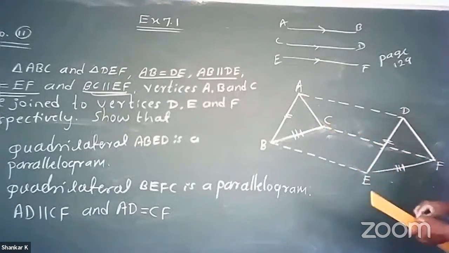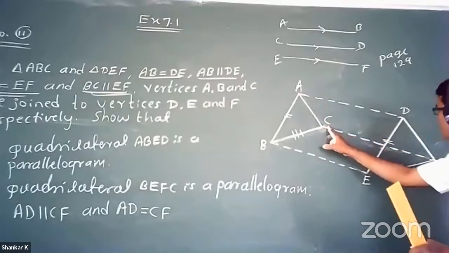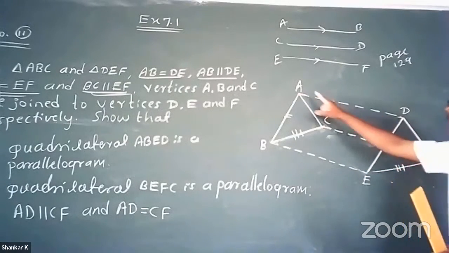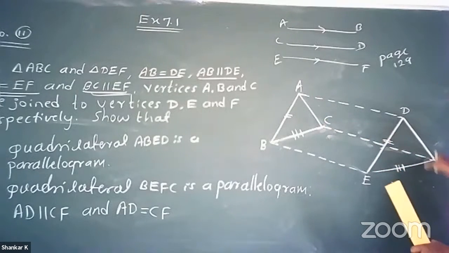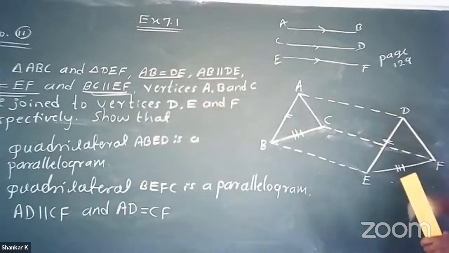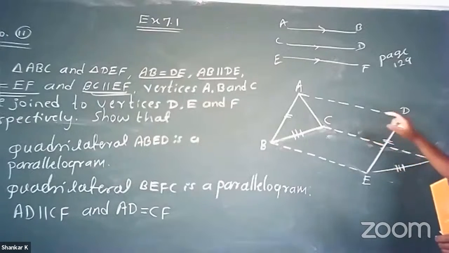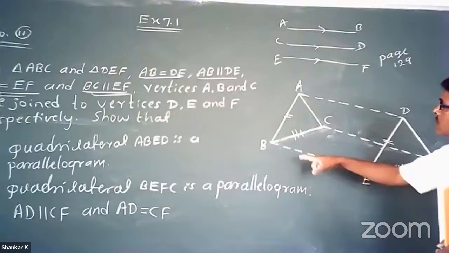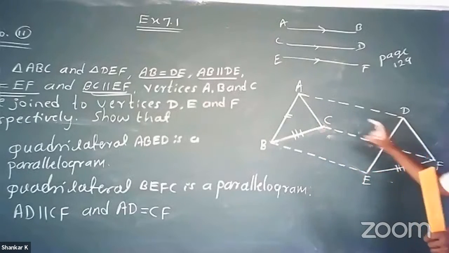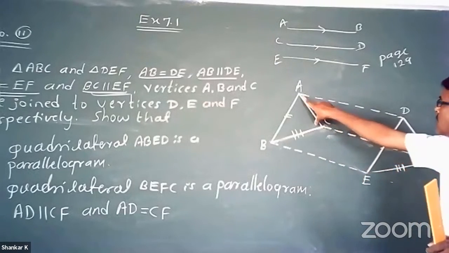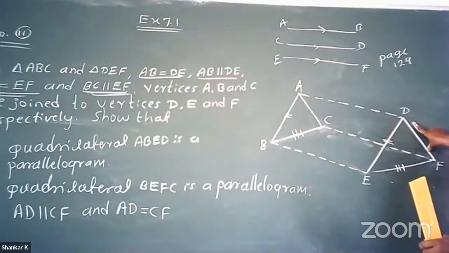How? Here, ACFD is also a parallelogram, because you can show these two triangles are congruent, then AC equals BF you can show.